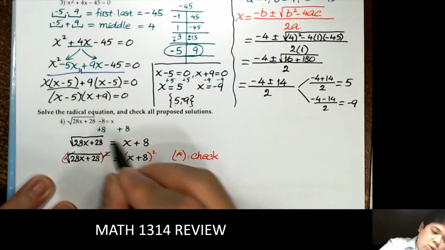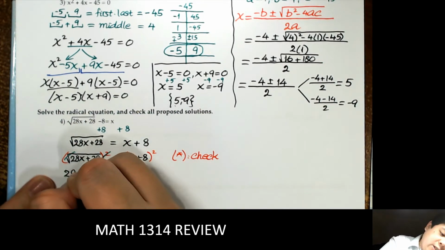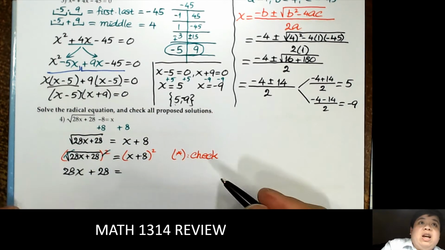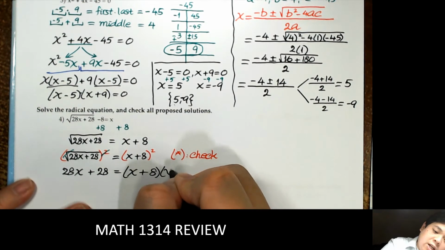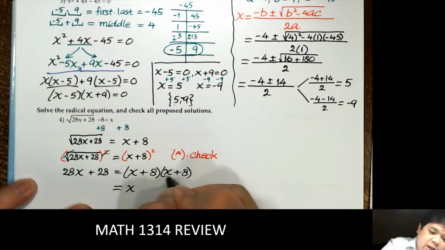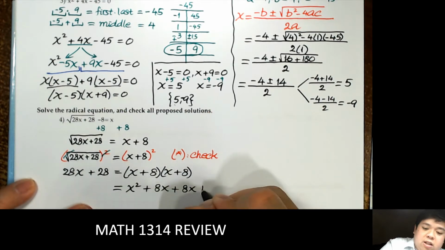Square cancels the square root. So we have 28x plus 28. x plus 8 squared is just x plus 8 times x plus 8. Multiply them out: x squared plus 8x, plus 8x, and 64.